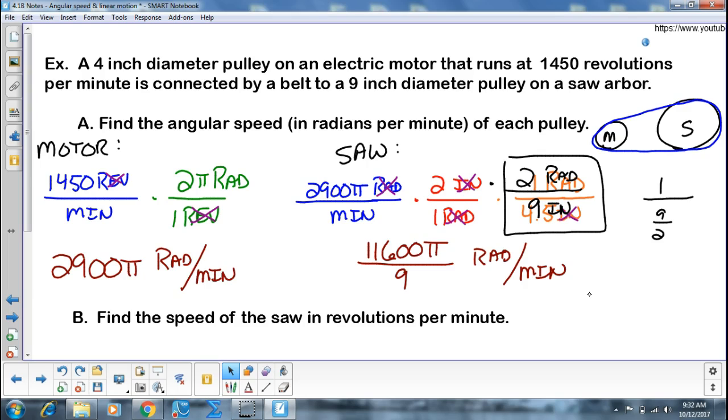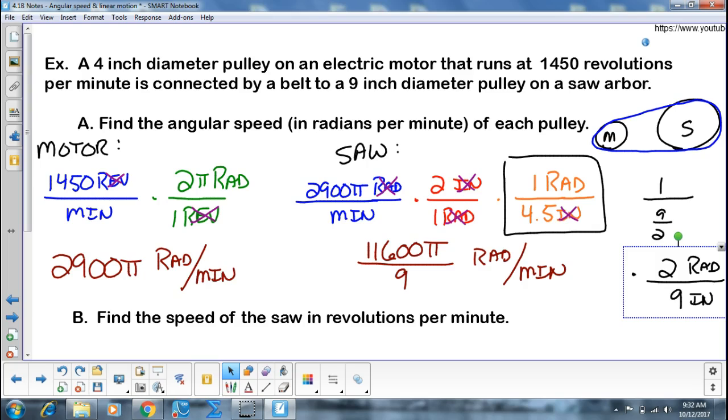So then 2,900 pi times 2 times 2, all over 9. Oh, see, now they're all goofy. So what if I can go like this? There you go. Okay?